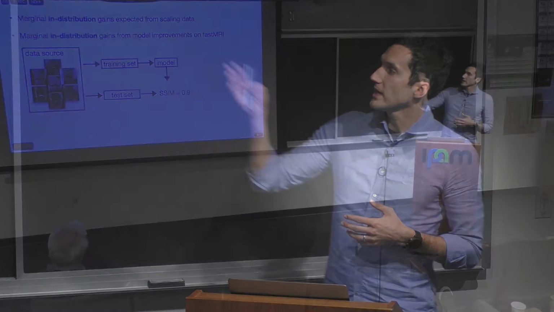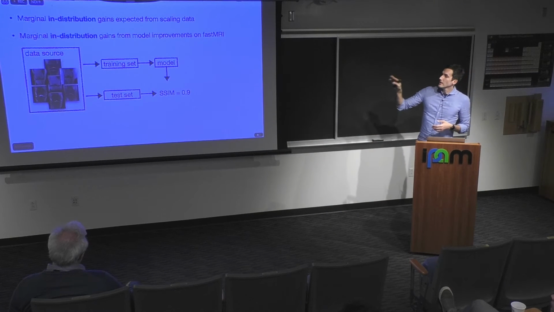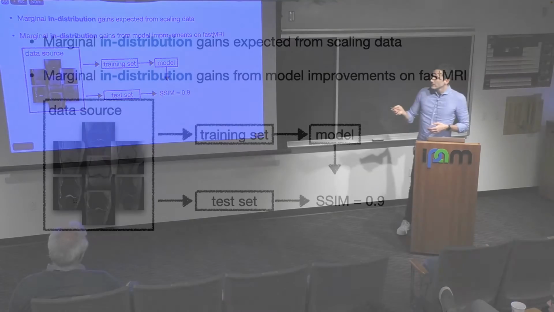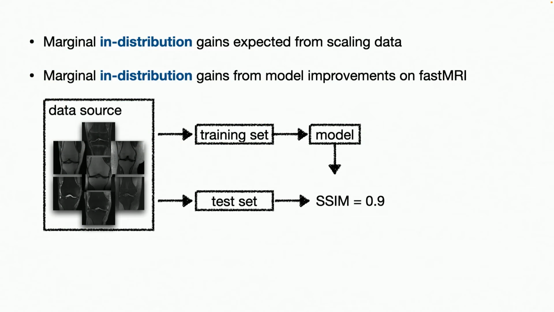So what does in-distribution gains mean? Here I want to explain again what the experiment is. It's going to be important, though it might seem trivial. In fastMRI, people were collecting measurements of, let's say, knees in one hospital on one scanner, right? The scanner was more or less the same, the patient population was the same, and so on.